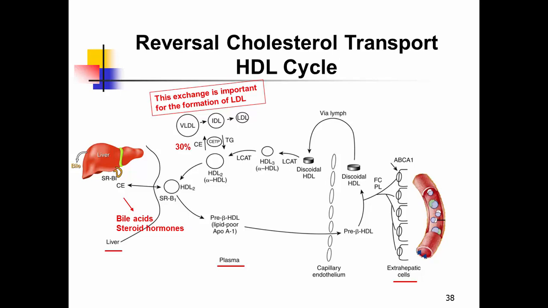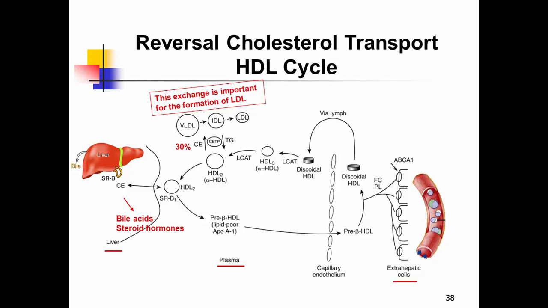And this gives you a little more detail on the whole process. So as you can see here, the peripheral tissue cells, particularly like the artery wall, like macrophages, and the other side represents the liver. In between is what's happening in the plasma, right?